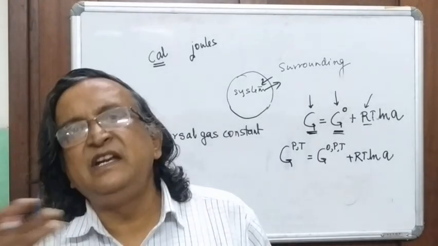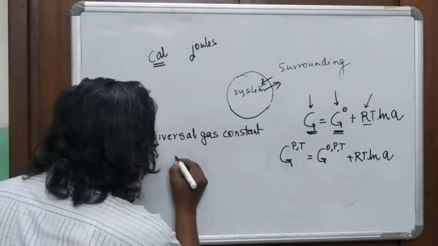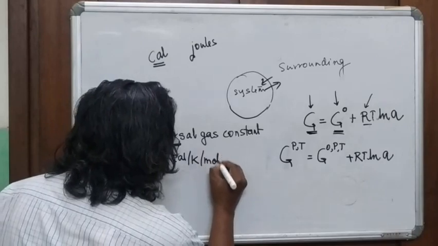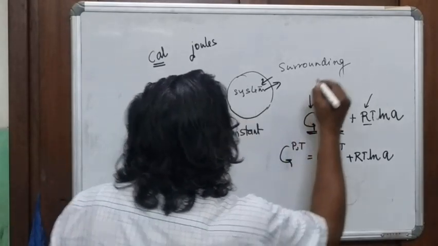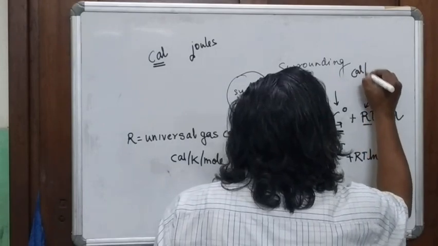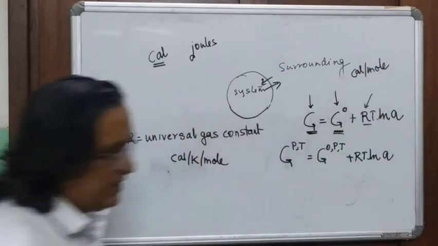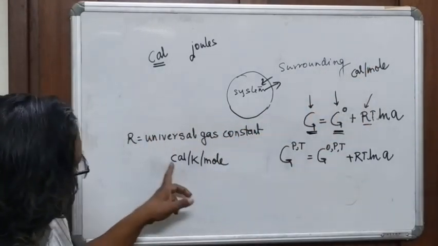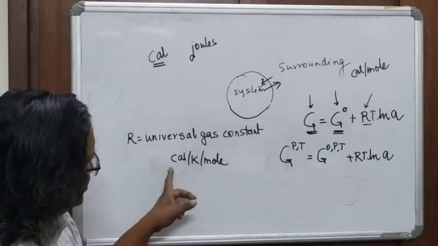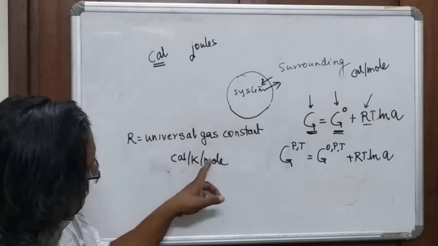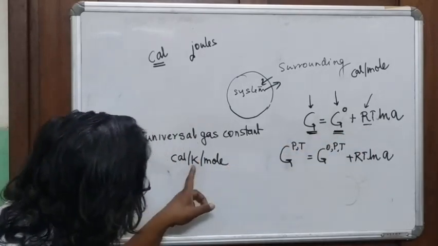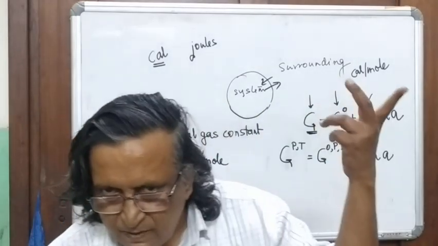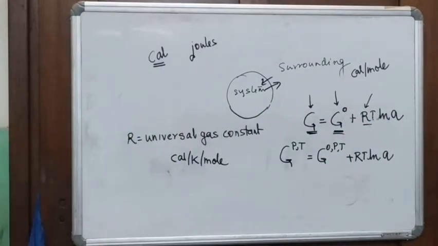So the universal gas constant can be written as calories per degree Kelvin per mole. G is in calories per mole, G0 is calories per mole, and R is calories per Kelvin per mole. This Kelvin is multiplied by this Kelvin and they cancel, and you get calories per mole. So essentially, you get calories.